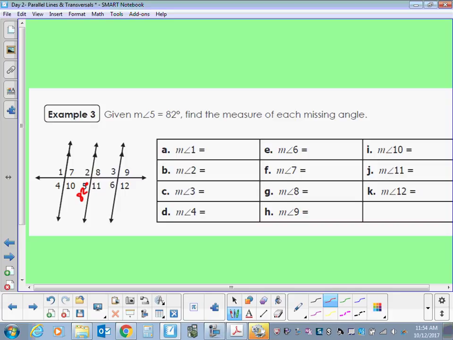What's vertical to angle 5? So 8 is what, Carla? 82 degrees for angle 8. I can also see that I have 2 angles that are corresponding. 4 and 6 are corresponding to angle 5. So what's the measure of 4 and 6? 82 degrees.